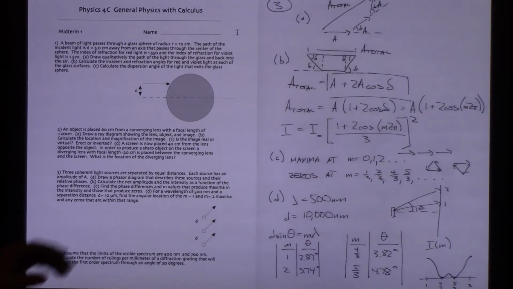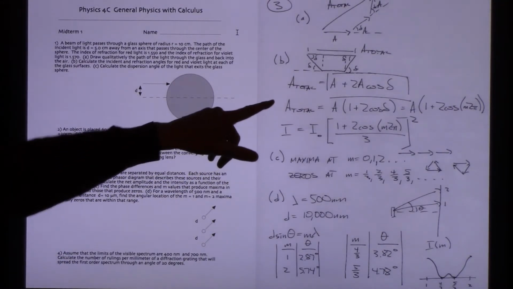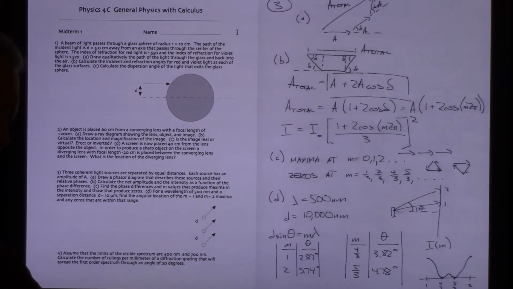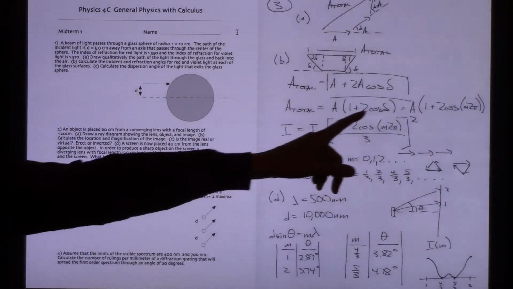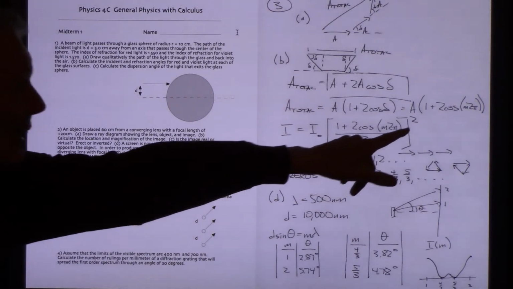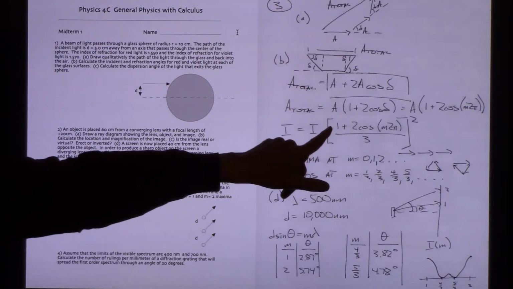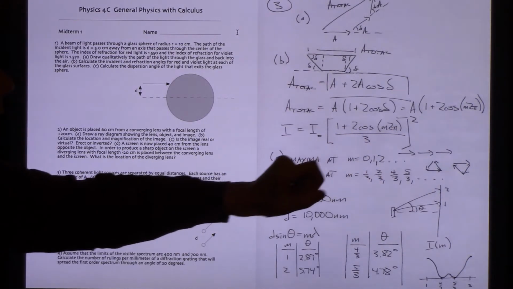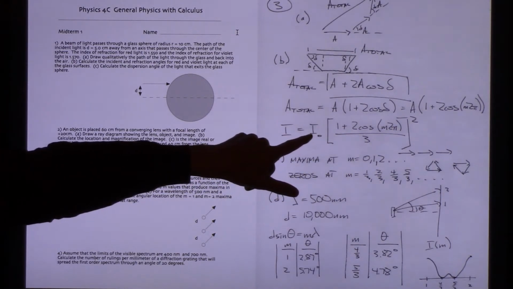rules for going from A total to intensity is that I take the A total and I square it. I modulus square it, but the modulus is irrelevant here because we're not yet working with complex amplitudes. And so I just have to square this expression. Now when I square it, I can just write that expression, 1 plus 2 cosine m2 pi squared, and then I can put an I naught out front.